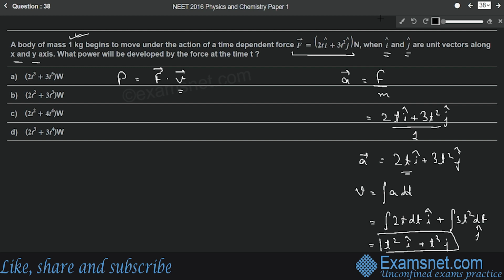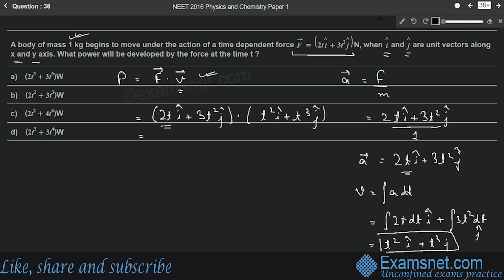Now we'll put this in this formula. Okay. So power is equal to force vector F dot vector v. So what is vector F? It is 2t i cap plus 3t square j cap. And the velocity is t square i cap plus t cube j cap. So let's find the dot product.